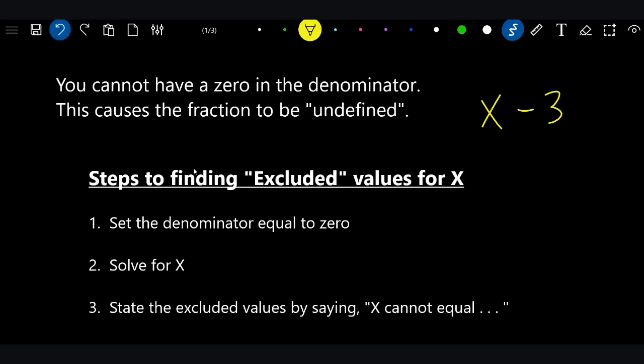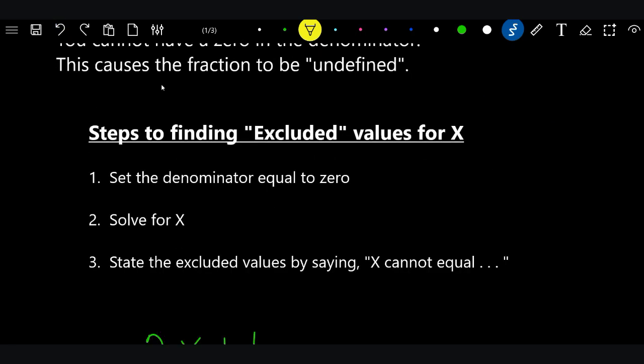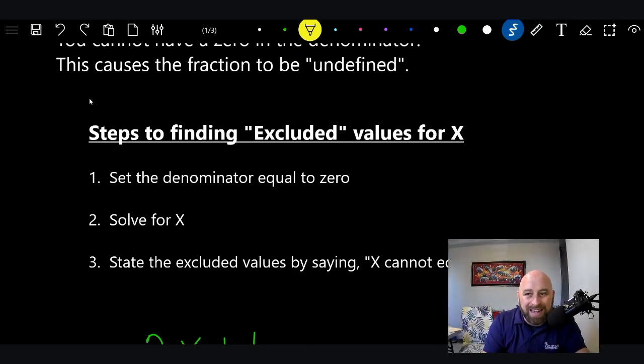So how can we find out what values are excluded? Check out this little chart that I have here. It says steps to finding excluded values for x. Number 1, set the denominator equal to 0. So let's go back to this x minus 3. So what we're going to do is we're going to set the denominator equal to 0. What does that mean?